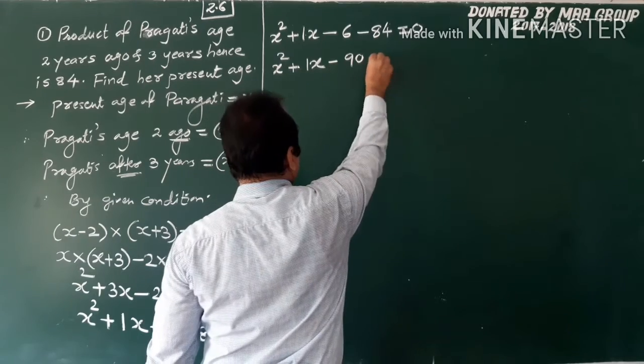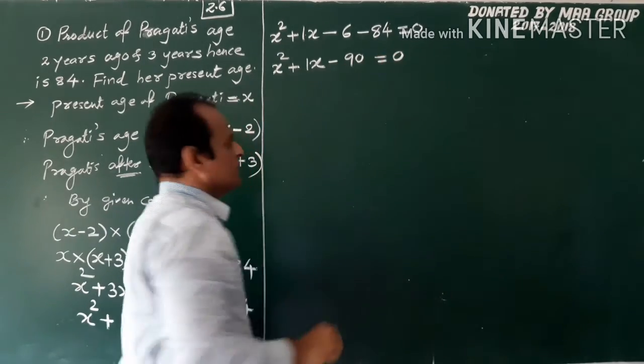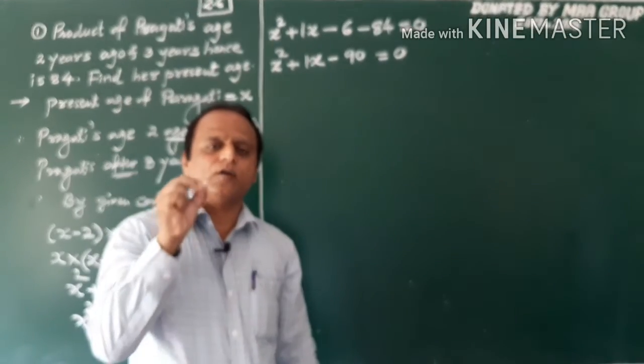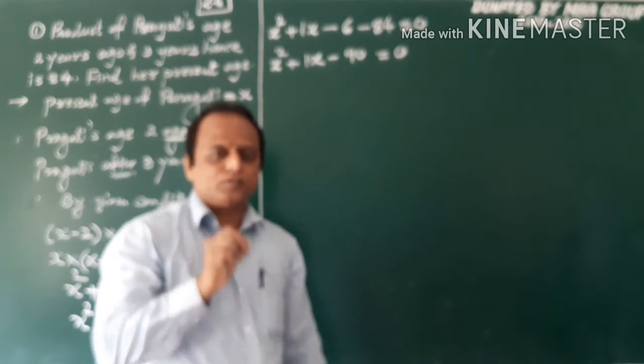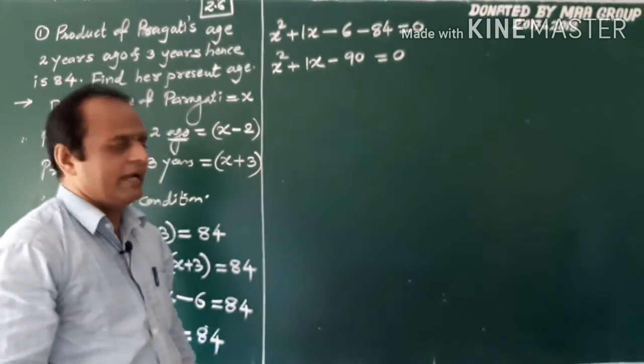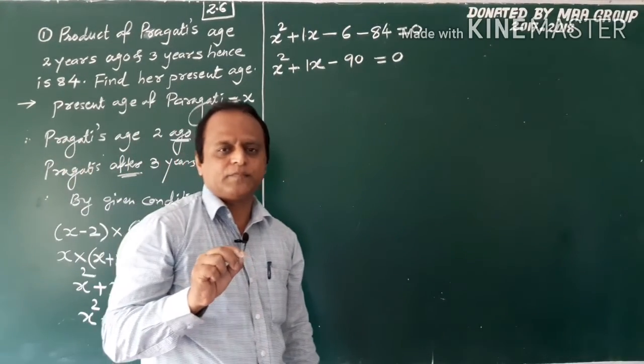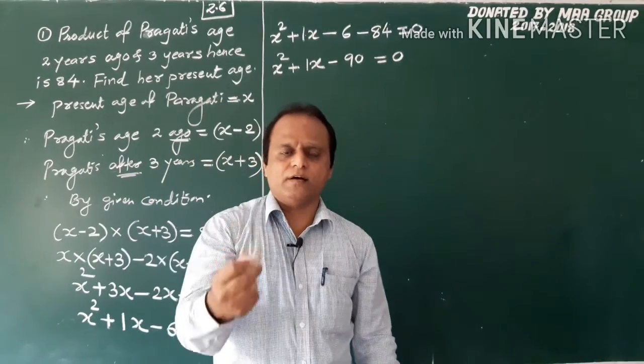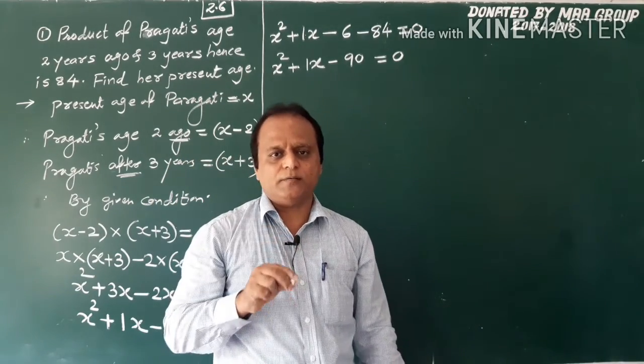So here minus 90 is equal to 0. In this way we have got the quadratic equation x square plus 1x minus 90. Now we are going to solve this quadratic equation by our regular factorization method.